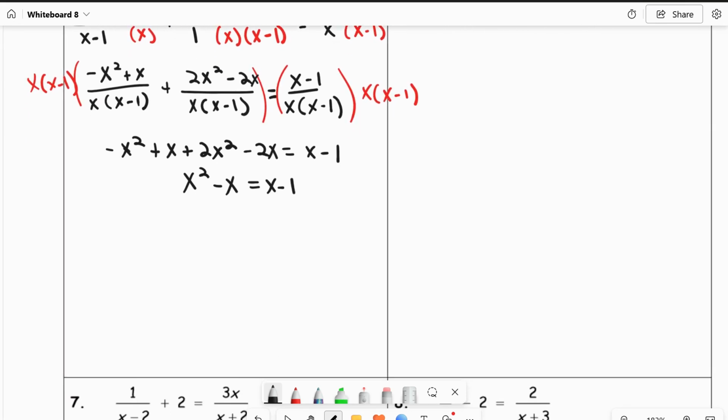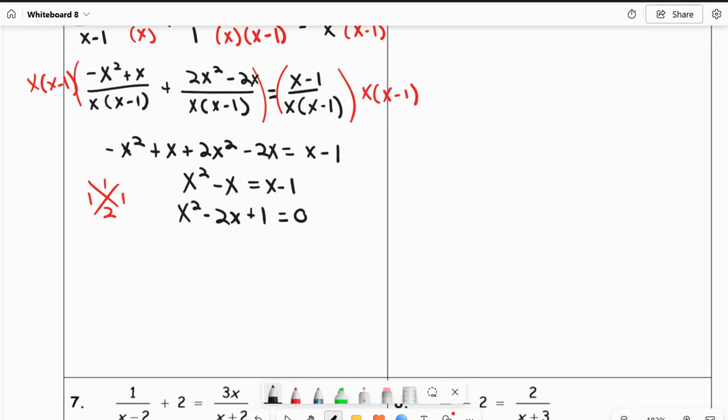Now I'm going to move my x minus 1 over to my left side as well, which will just leave me with x squared minus 2x plus 1 equals 0. Okay, now I'm going to go ahead and factor my trinomial here. So two numbers that multiply to 1 and add to negative 2, which would just be negative 1 and negative 1.